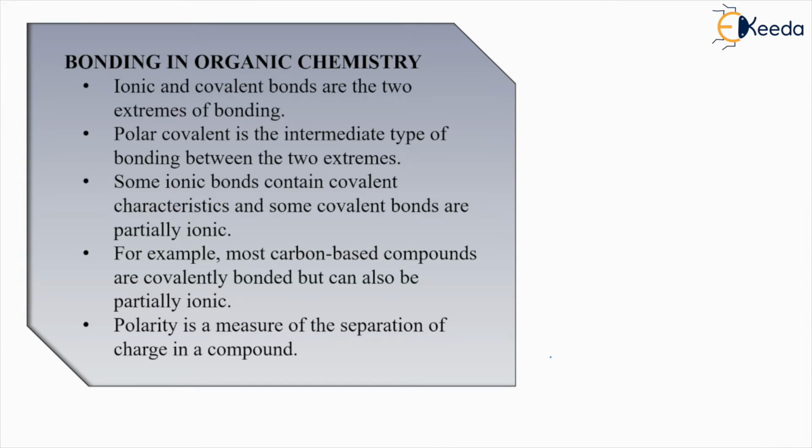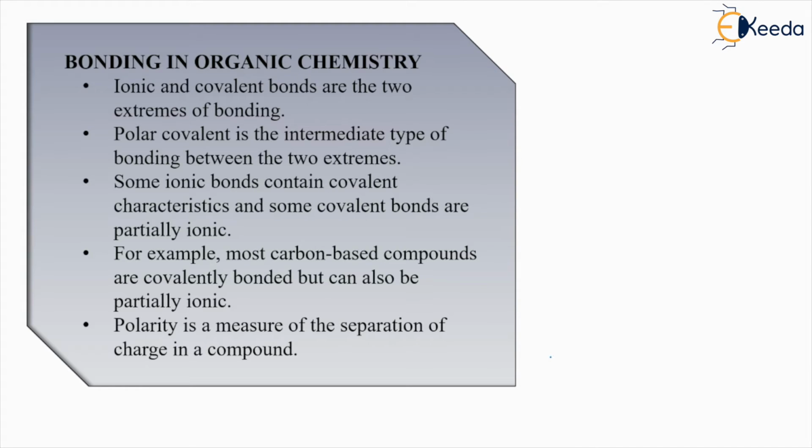Bonding in organic chemistry: ionic and covalent bonds are the two extreme types of bonding. Polar covalent bonds are an intermediate type of bonding between the two extremes. There are some ionic bonds which contain covalent nature, and that is the reason they are known as polar covalent bonds. Now, there are certain bonds which are covalent, but yet they are polar in nature.